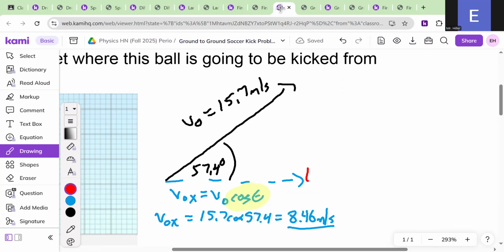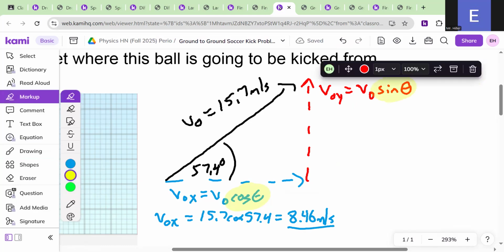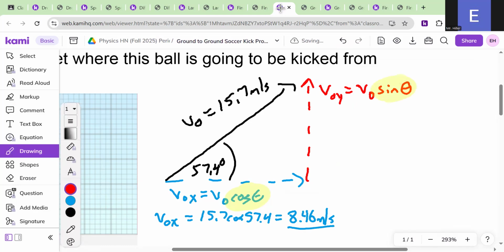Okay, then I need to find my V naught Y. Your V naught Y is found similarly. V naught Y is the opposite side of the triangle. So opposite goes with sine. So this will be V naught, the hypotenuse, times the sine of the angle. Okay, remember, opposite goes with sine, which would be 15.7 sine of 57.4.